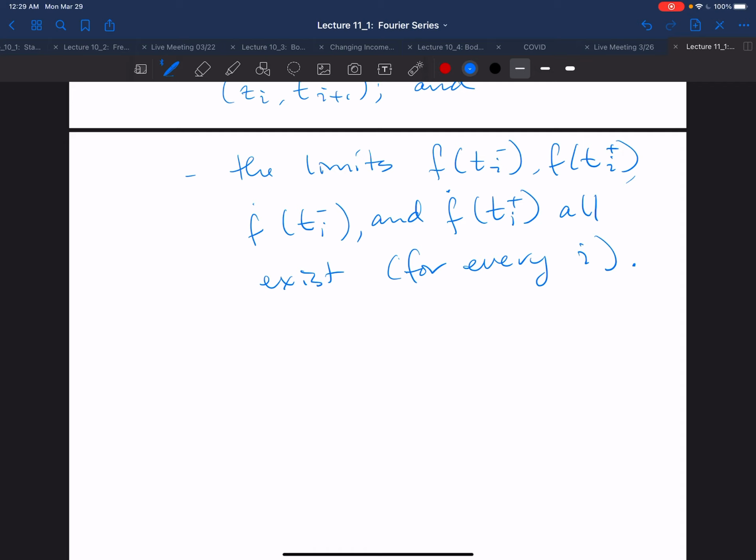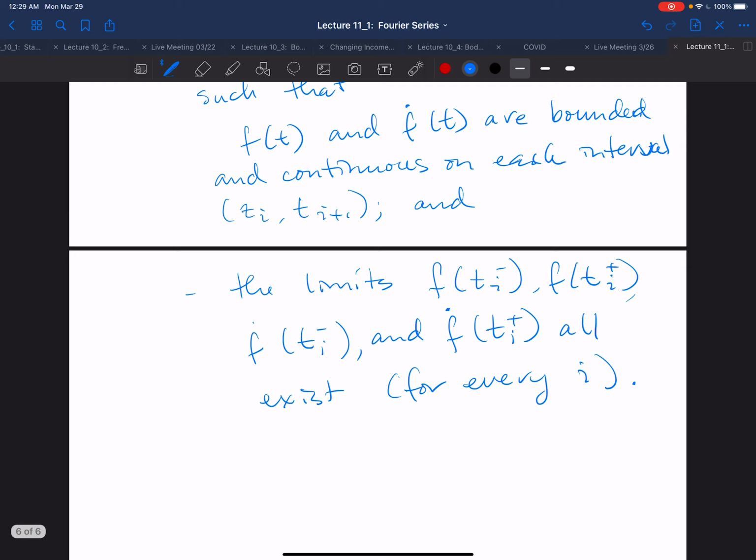Okay, so this sort of generalizes piecewise continuity, except if you like, it requires f and f dot to satisfy the same sort of property as piecewise continuity.